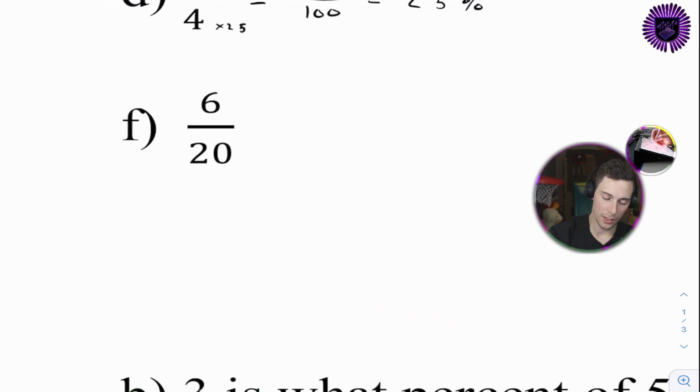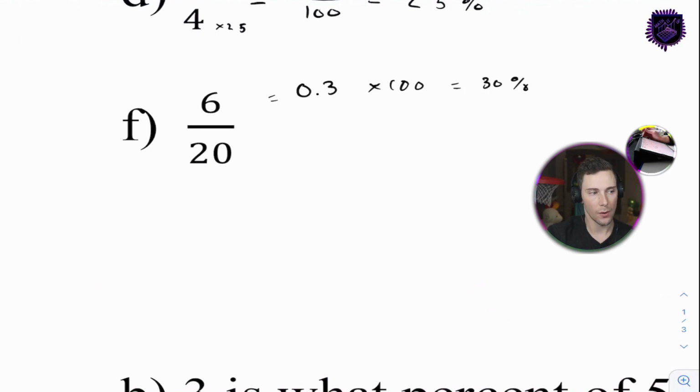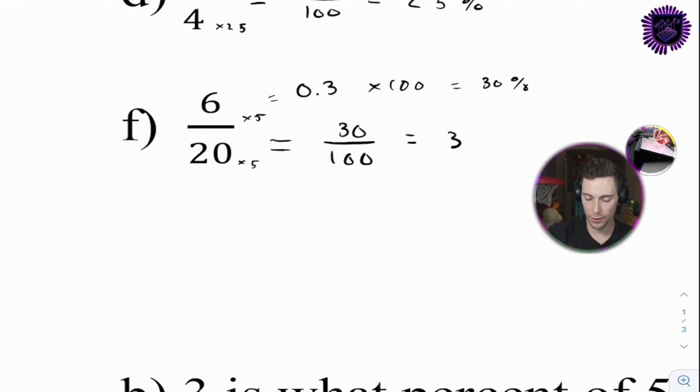So this is going to be a decimal of 0.3, which when you multiply by 100 will be equal to 30%. You can also think of this as equal to something over 100, and to get to 100 we need to multiply by 5 to make that equivalent fraction of 30 over 100, which will equal 30%.